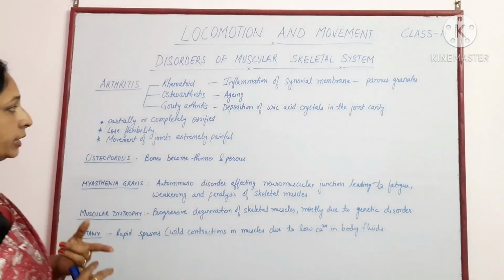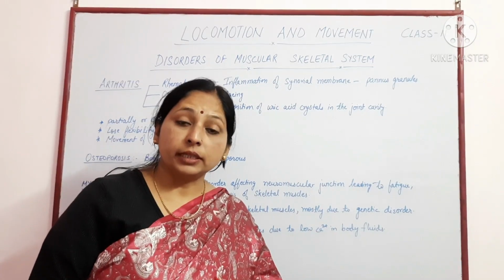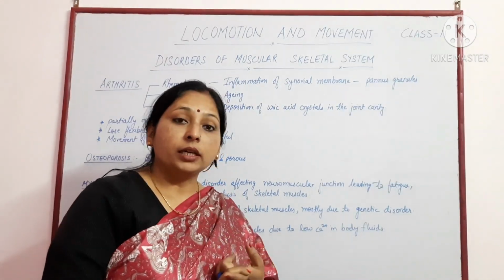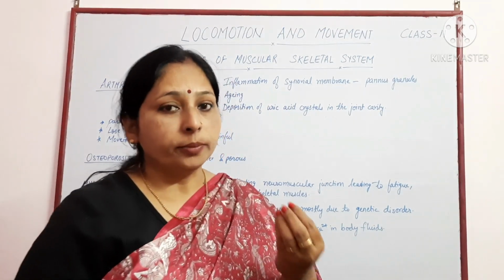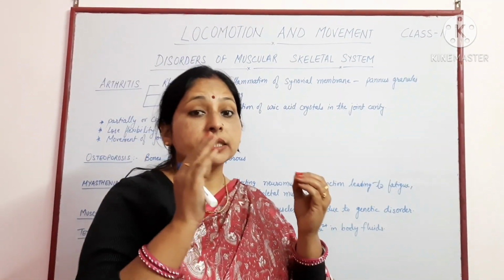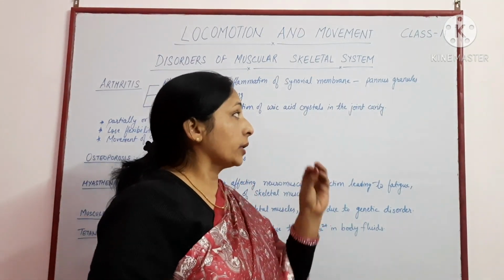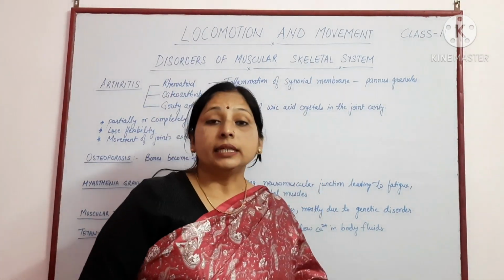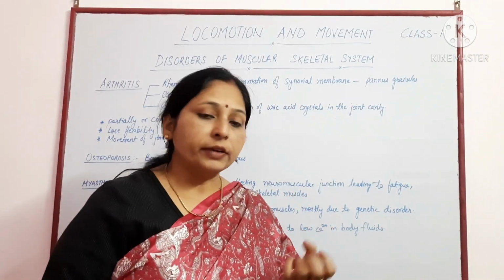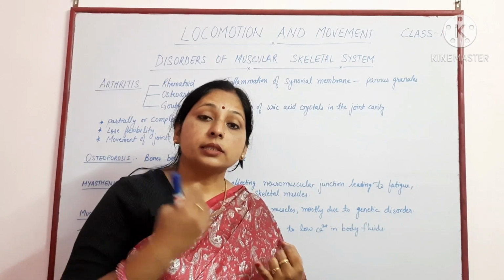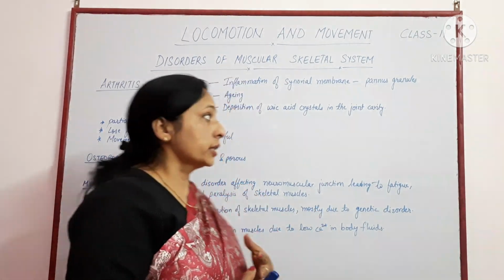Arthritis is of three types: rheumatoid arthritis, osteoarthritis and gouty arthritis. Rheumatoid arthritis is due to inflammation of the synovial membrane by rheumatoid factor, resulting in deposition of abnormal granules, which cause ossified cartilage, stiffness in the joint, or painful joints.